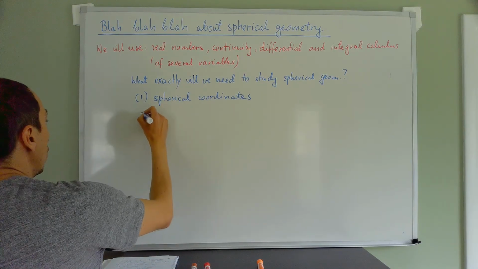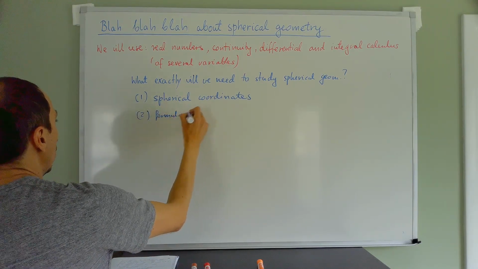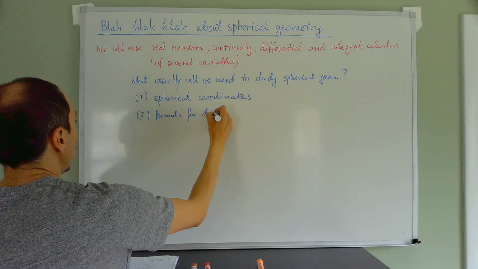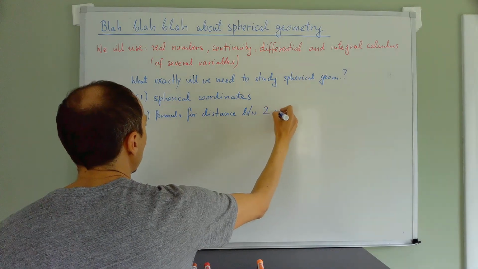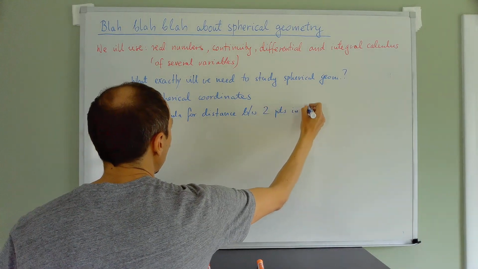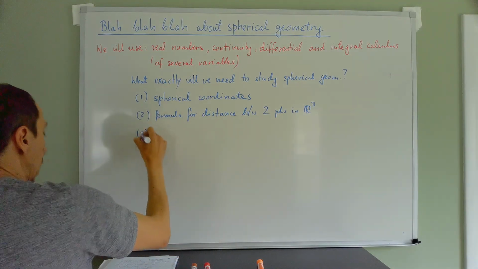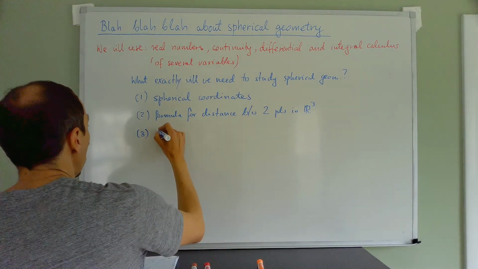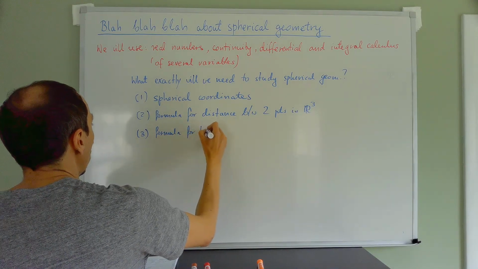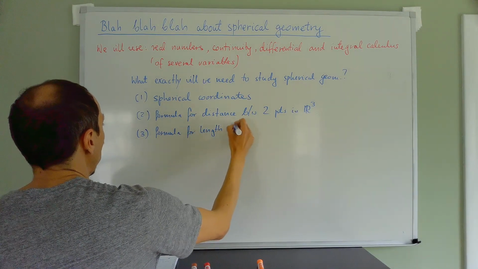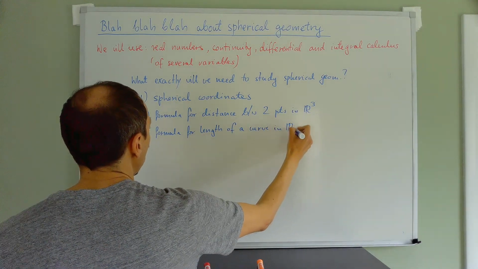Two, that's actually easy, the formula for distance between 2 points in R3. Three, the formula for length of a curve in R3.